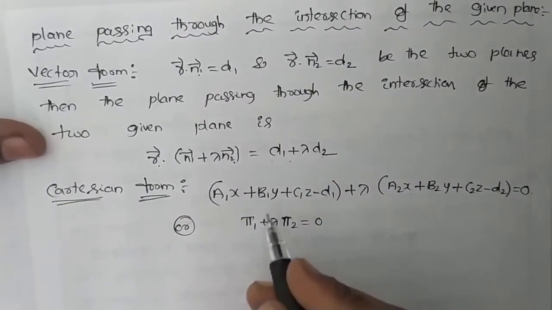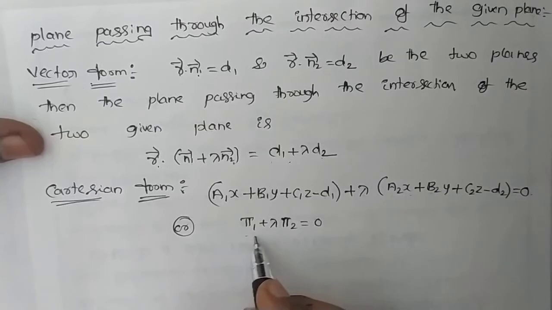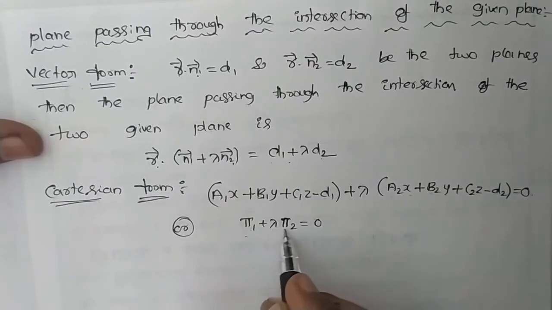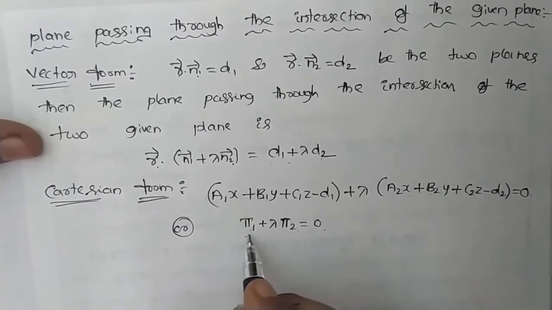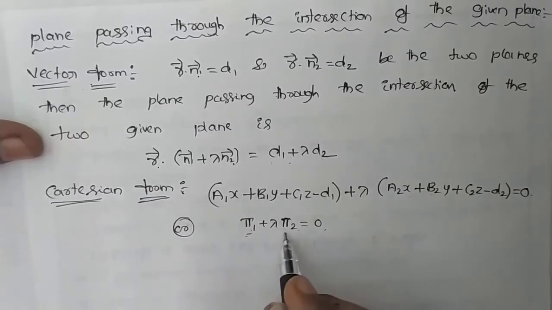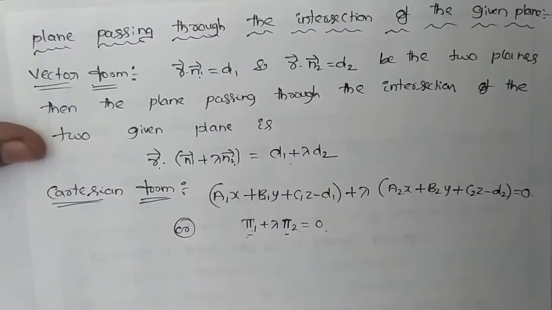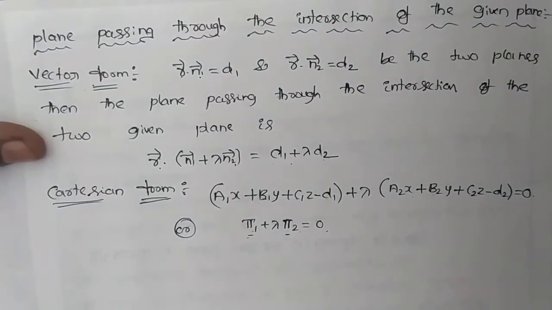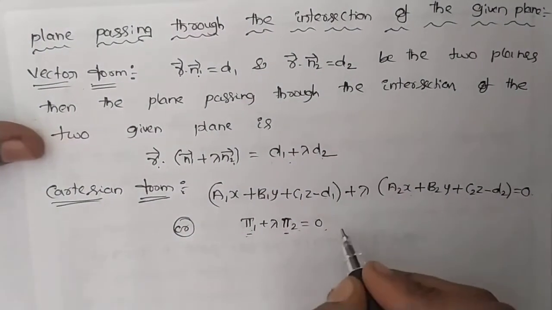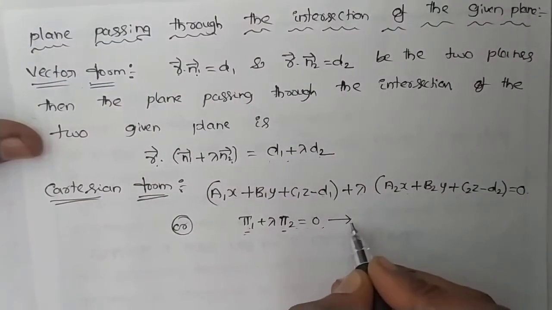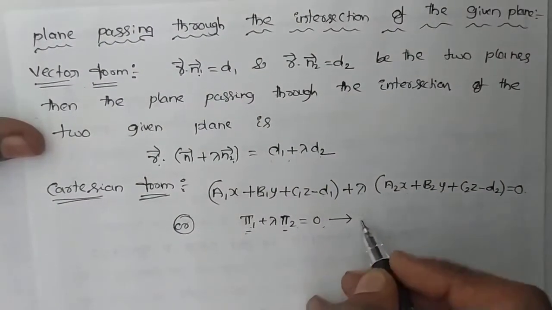So these are the vector and Cartesian forms of a plane passing through the intersection of the given planes. Here we have one more point: pi 1 plus lambda into pi 2 equals 0. Pi 1 is the first plane, pi 2 is the second plane. The plane passing through the intersection of the two given planes will be pi 1 plus lambda into pi 2 equals 0. This point is not in your NCERT textbook.